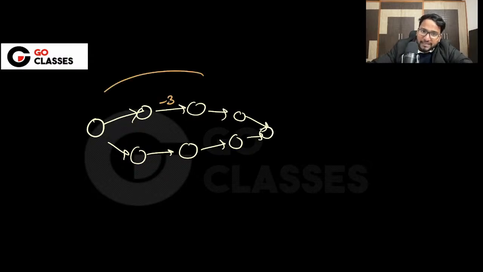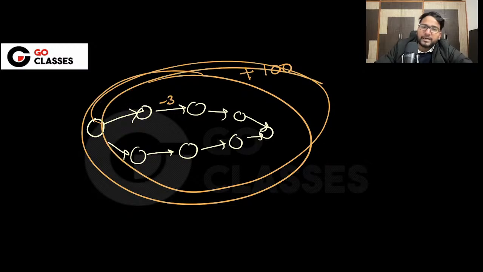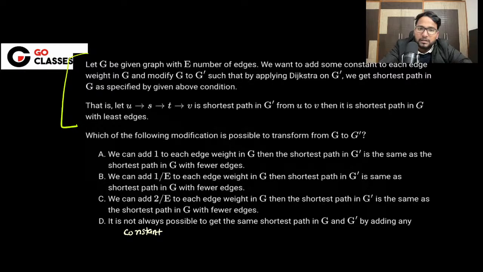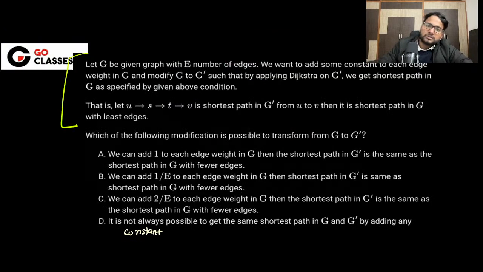Then we want to add some positive constant, let's suppose +100 everywhere, such that ultimately the shortest path doesn't change. See, it is given that the graph has integer edge weights. All the edge weights are integers.